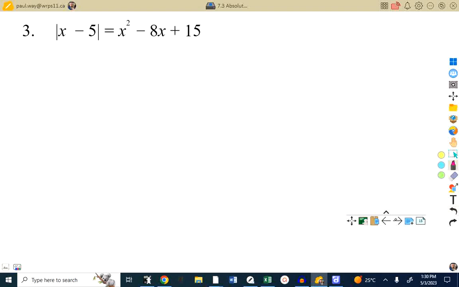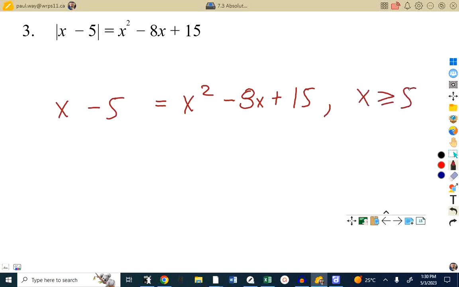All right, one last question. Is this a subdomain situation that I would expect you to be able to do without graphing? Absolutely, because it's a linear argument for the absolute value. In fact, I would go so far as to say, everybody, that for the equation we get by just stripping off the absolute value signs, you should be able to write x is greater than or equal to 5 without much thought, because x minus 5 is greater than or equal to 0.